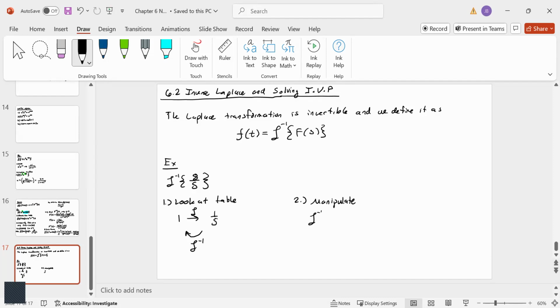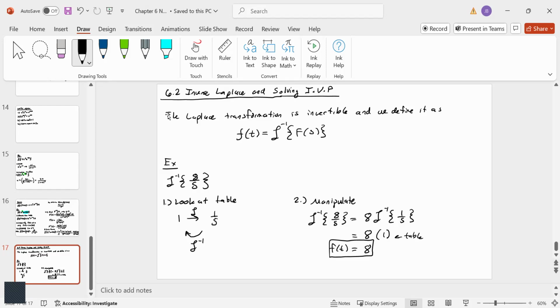So the inverse Laplace of 8 over s is equal to 8 times the inverse Laplace of 1 over s. And then that's going to be equal to 8 times 1, which is equal to 8. This is from the table. And so f of t is equal to 8. And that's all it is.